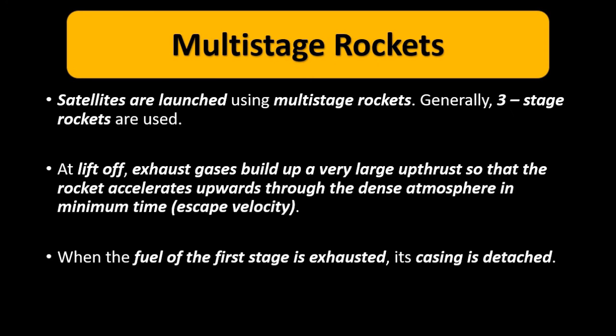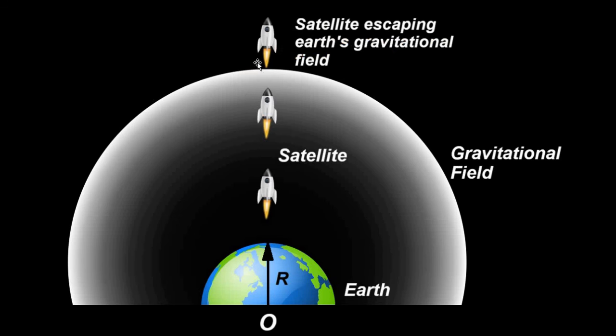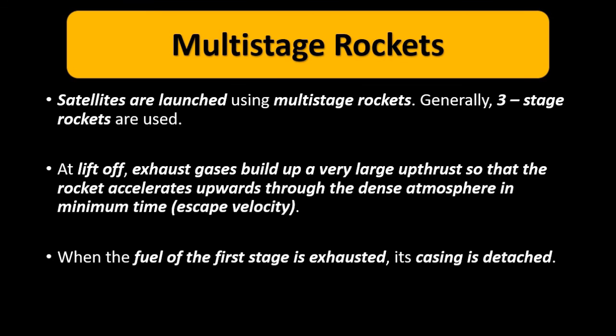This is the first stage. When the fuel of the first stage is exhausted, the exhaust gases impart the escape velocity, the vertical velocity in the upward direction. The rocket escapes Earth's gravitational field. Then the casing is detached, that portion of the component which provides the upthrust because of the exhaust gases gets detached.